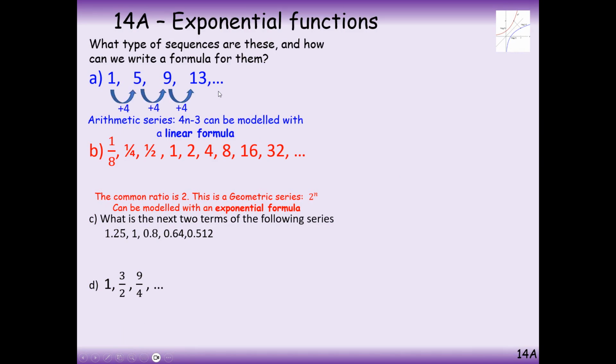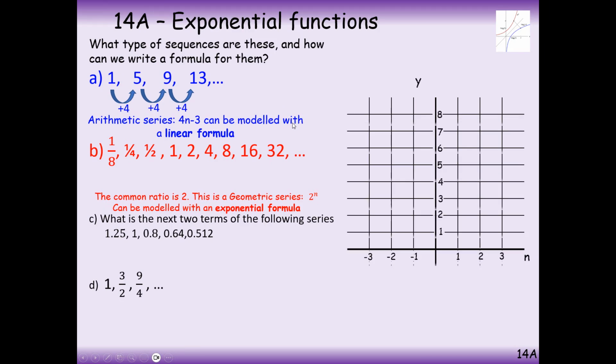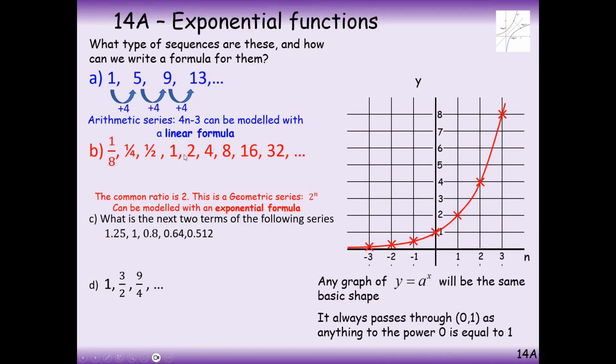So here is just to show you the difference between a geometric and arithmetic function. An arithmetic series is just a constant added together, and a geometric, or rather exponential, is what I've just put on the graph here for you.